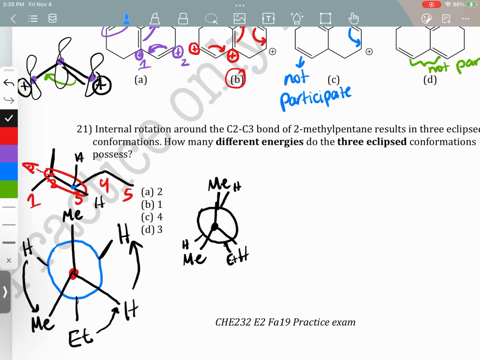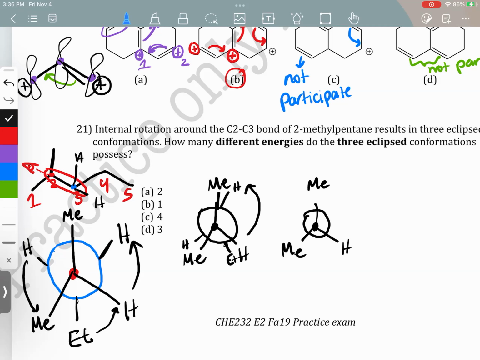So we did our first eclipsed 120 rotation, right? So let's do it again. Do another eclipsed rotation. Front carbon is still the same. Now, let's rotate the back carbon again this way. What's close to what now?